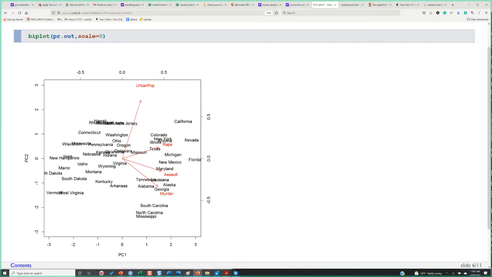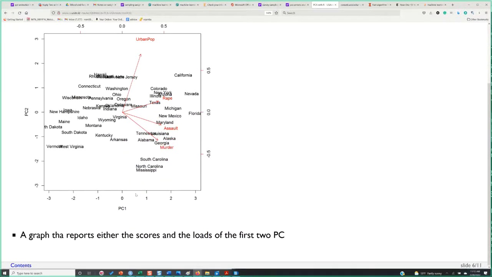Based on the kinds of rape and high values, you go back to the data and interpret these kinds of things. So this is how you do your PCA analysis and get an understanding of the principal components, their plot, and interpretation.